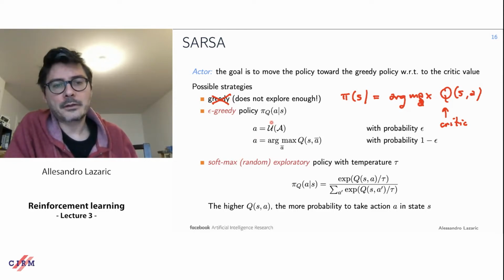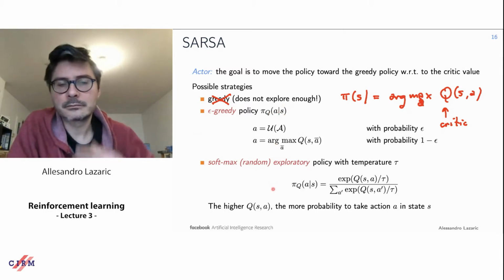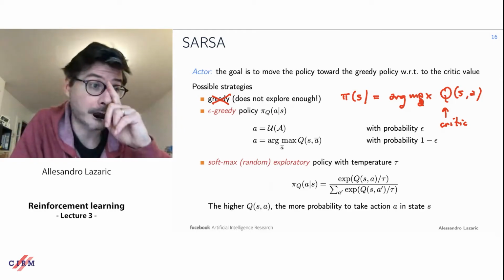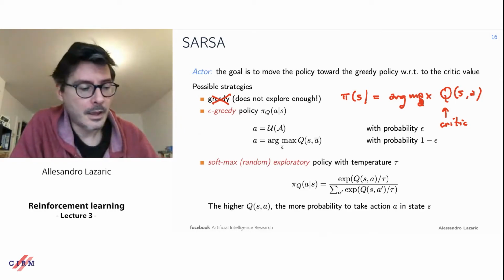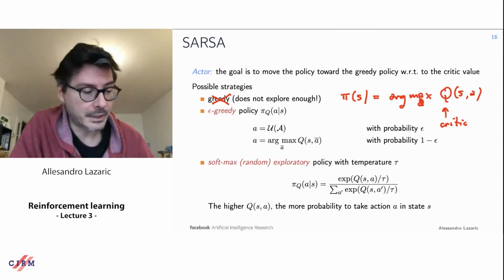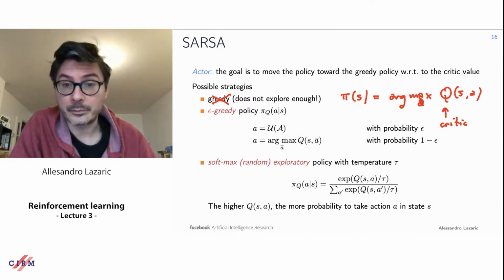So the epsilon greedy basically says that I will define a policy pi q so that in the state S, I pick an action A at random. Just linking back to the question that I had at the beginning of the class today, we move to the case now where we use stochastic policies.